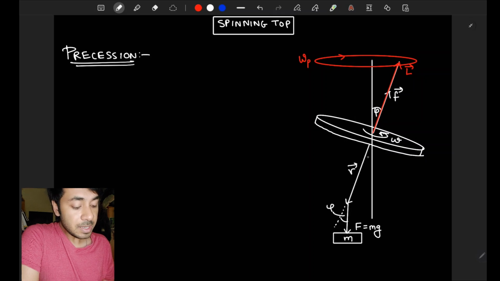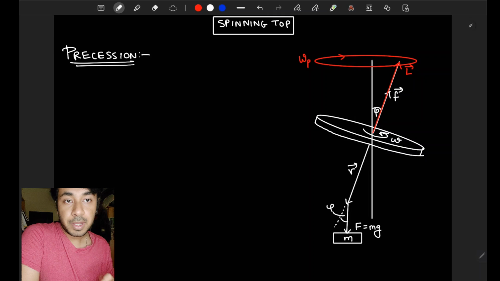In this diagram you have an r, a position vector of the force F, which is denoted here by a mass m which is hanging, with a force of mg at a position vector of r, which of course also has an angle of phi.